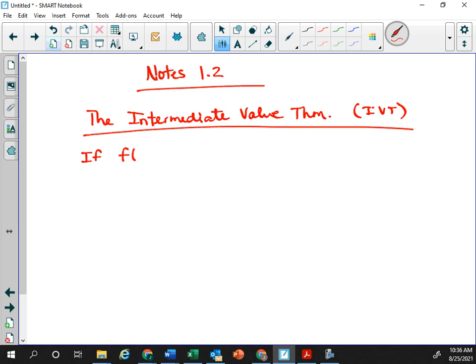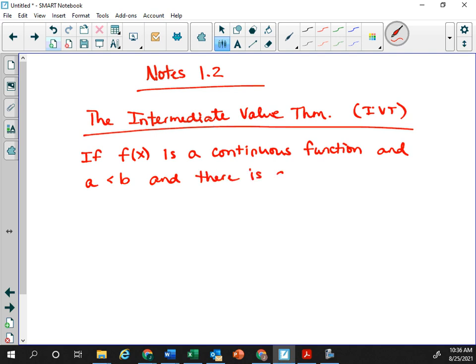If f of x is a continuous function, and a is less than b, and there is a value n such that n is between f of a.